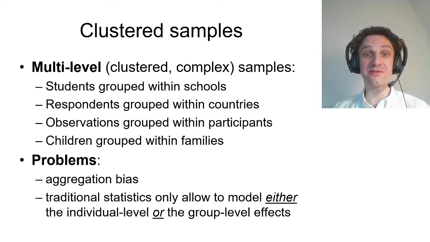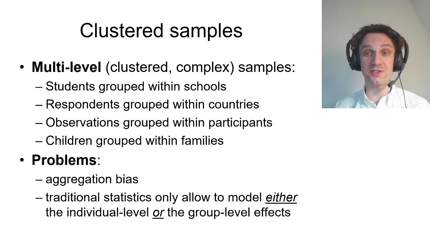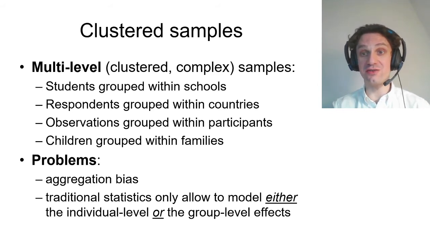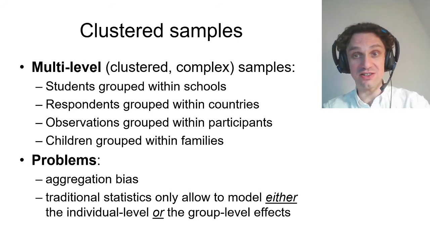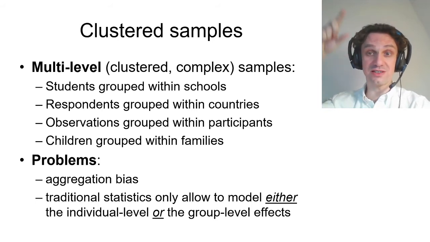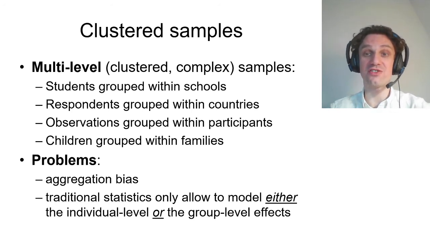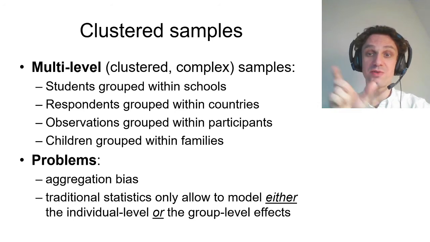When do we have this kind of data? Actually, very often. In educational research, we get students who are grouped within schools. In cross-cultural research, we get respondents from different countries, which are also homogeneous subgroups. In cognitive models, we get observations or trial results grouped within participants.